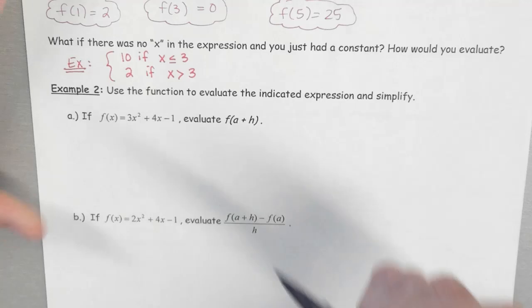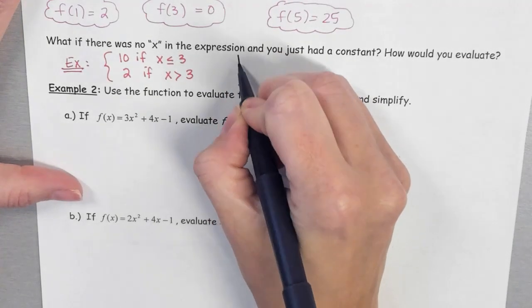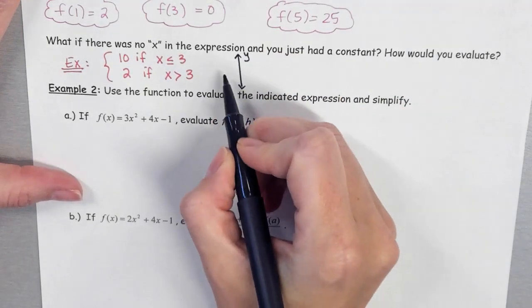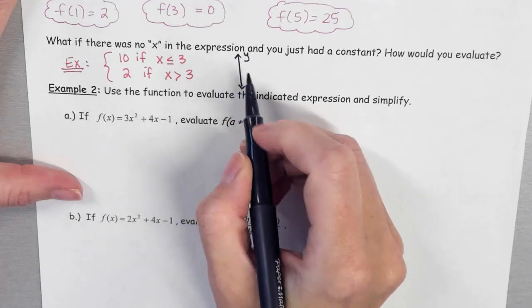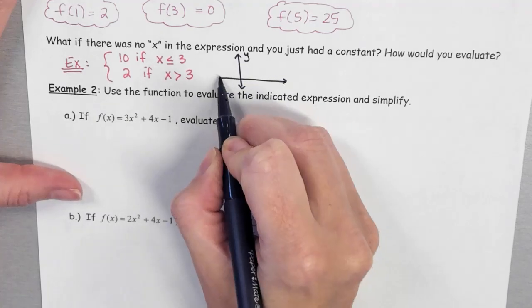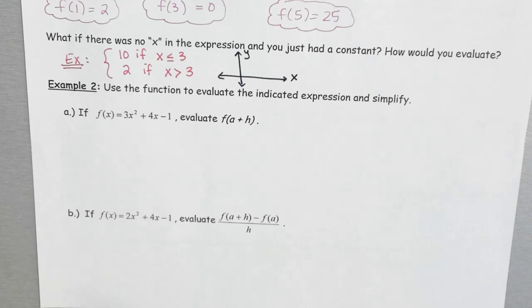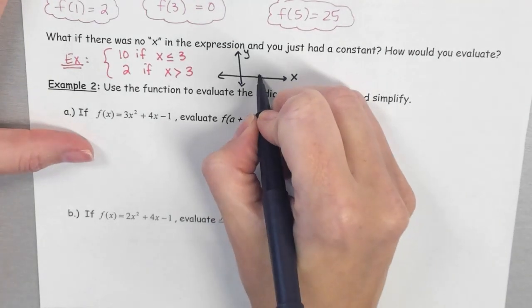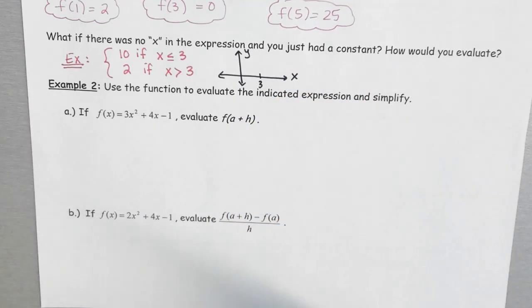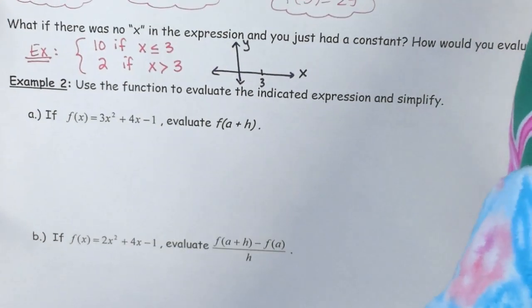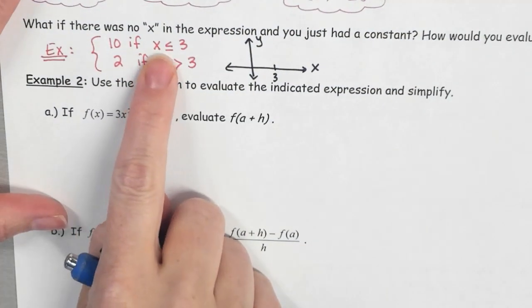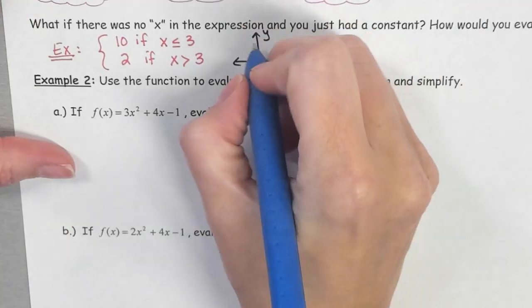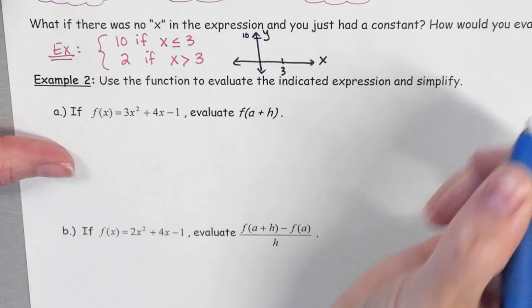Okay, and then we're going to show what this graph would look like. So we're going to draw a rough sketch of the graph. Okay, and our key value here is 3. All right, so if it was 10, if x was less than or equal to 3, we'll just make this our 10.